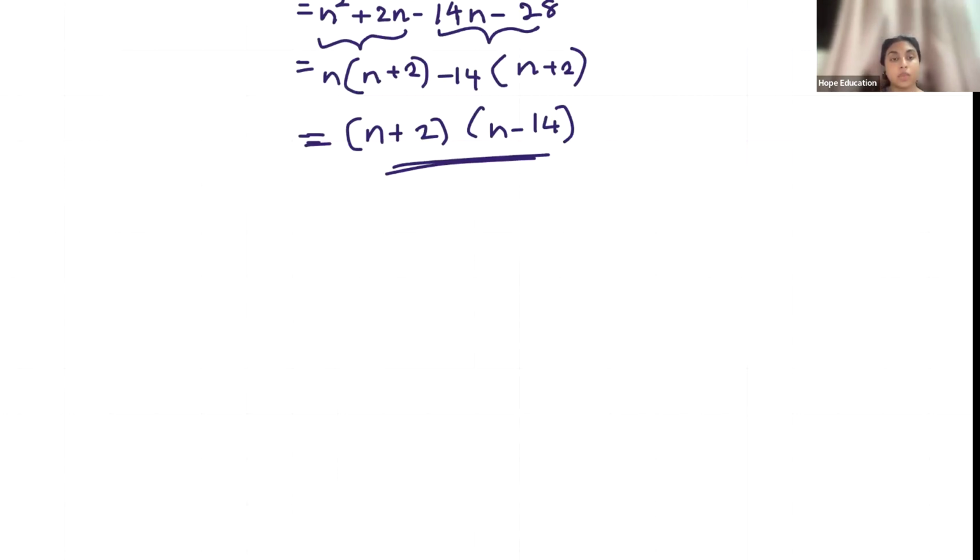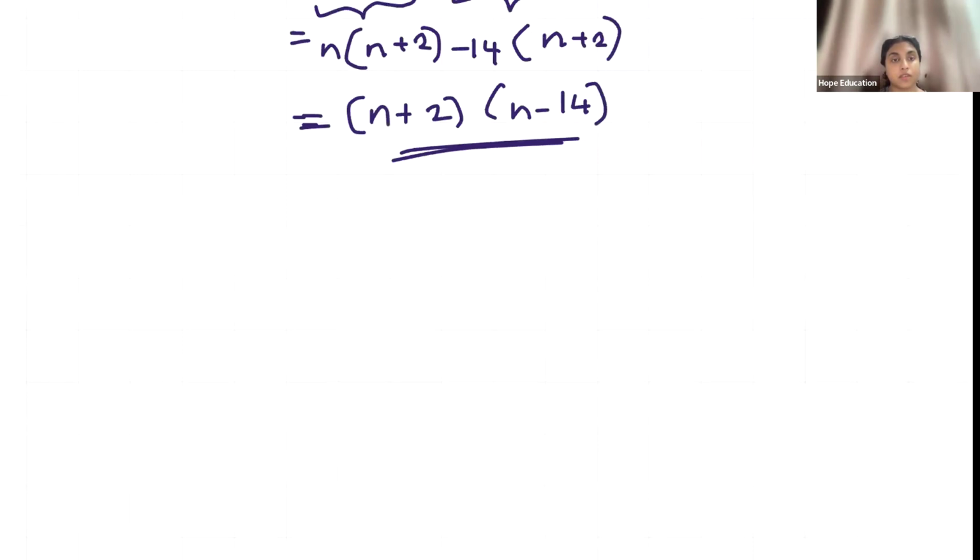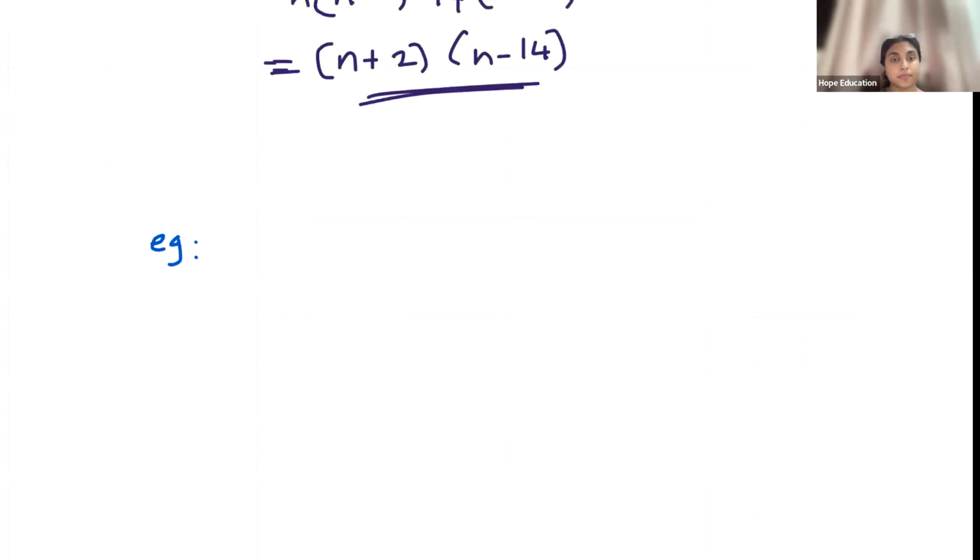So example 1. We'll just do the same example as in the textbook. So we have to find the factors of this.